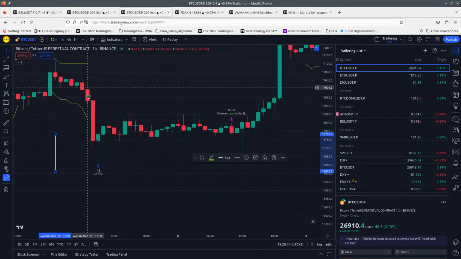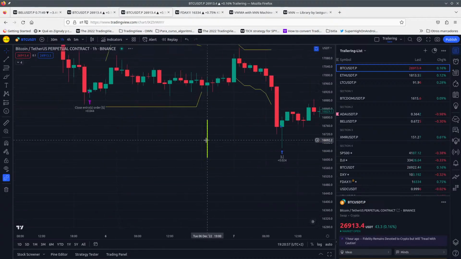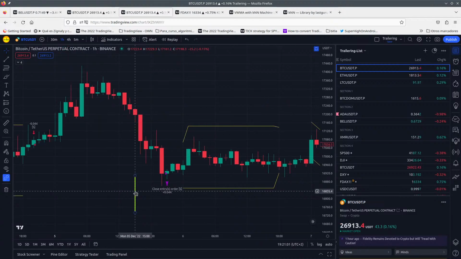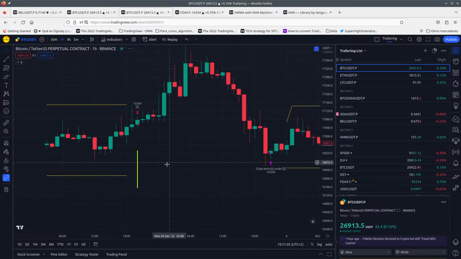This one also, it's high and high. Here we have this thing, which is a hammer, positive hammer, I guess. But even then, maybe we should.